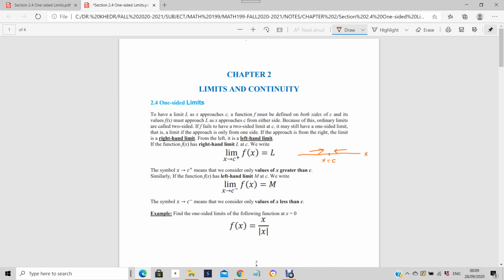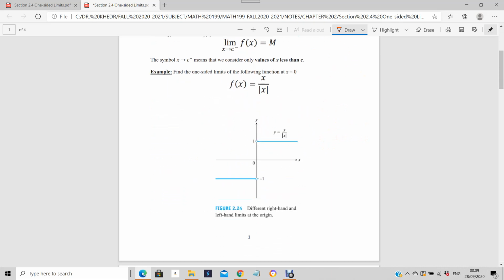To understand this more, let's have this example. Find the one-sided limits of the following function at x equals 0. So the function f of x is x divided by the absolute value of x. We came across this function in chapter 1. It's called the absolute value function.